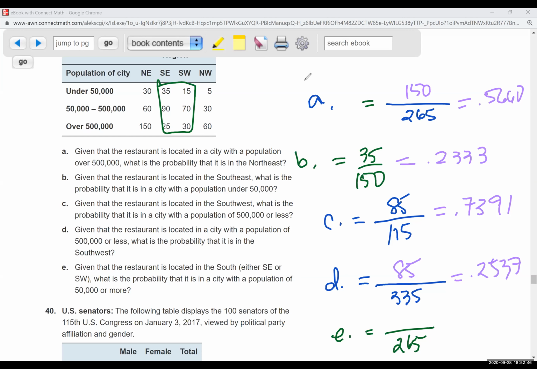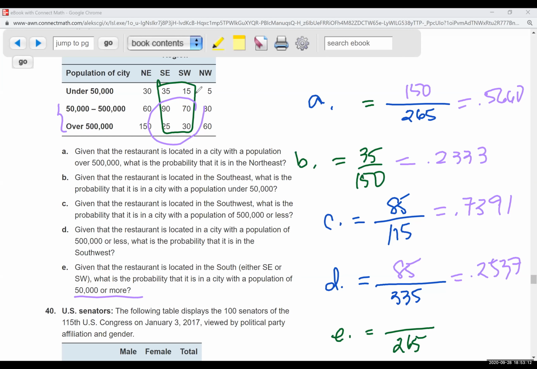And the numerator, is it 55? Population 50,000 or more. So do we add the bottom two rows? 50,000 or more.